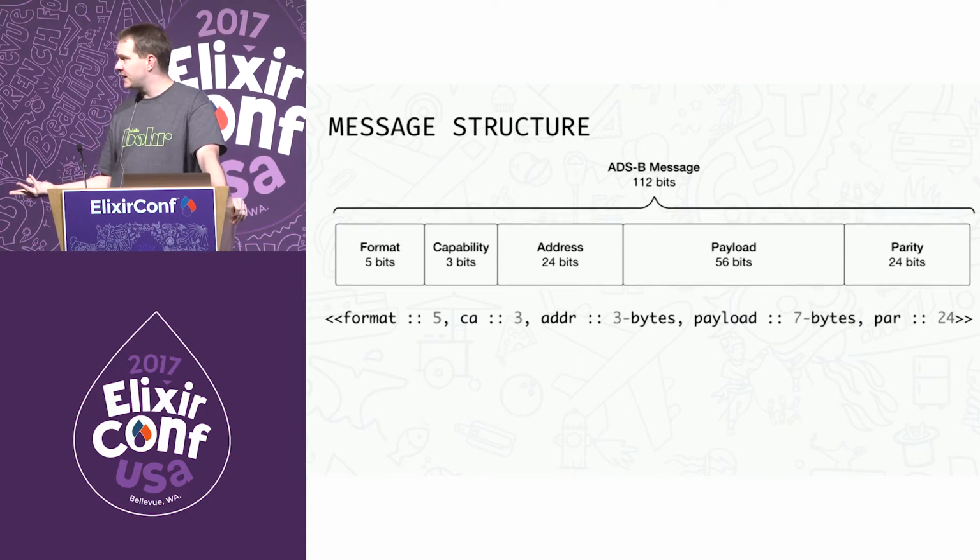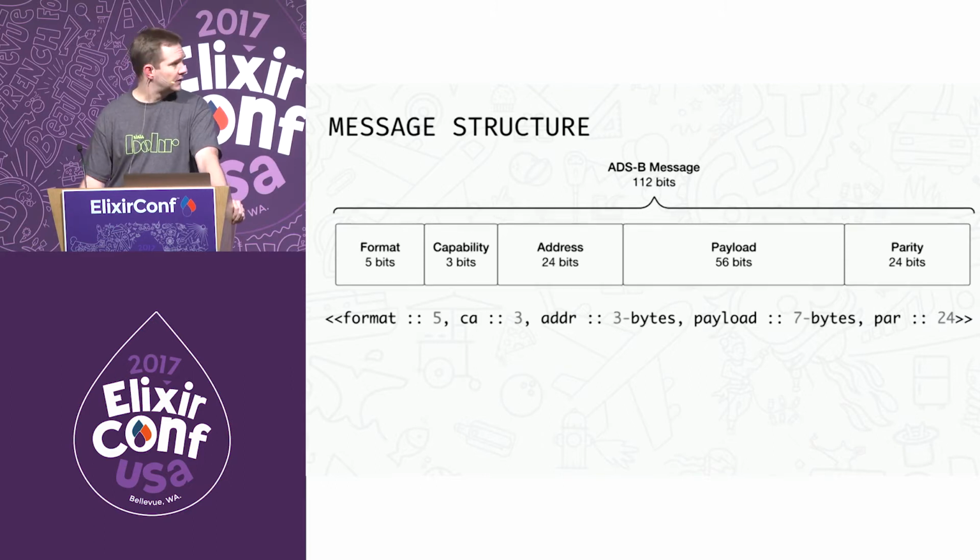But this is the unique key. I guess you could say it's a primary key for the aircraft. It's tied intimately to its registration. So for a lot of aircraft, this will remain the same value for the lifetime of that aircraft. It's going to be really important when I get into some of the later parts of this talk.